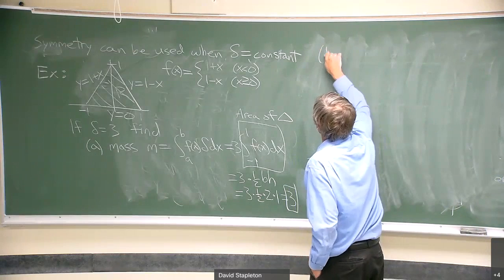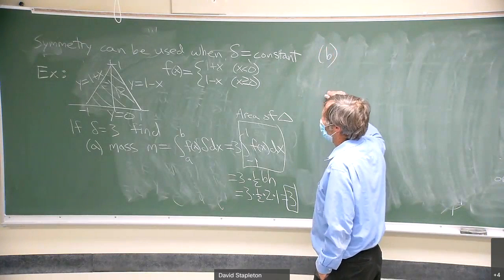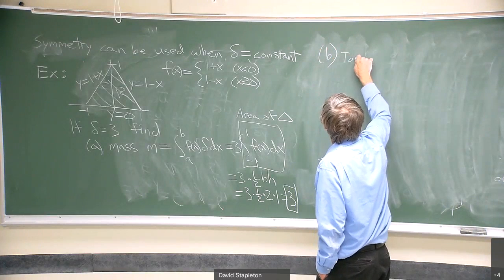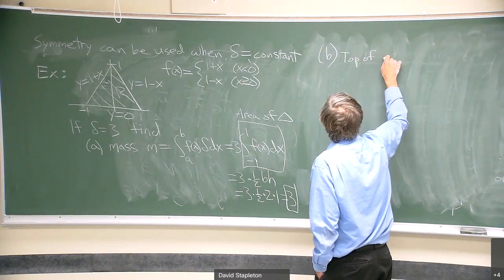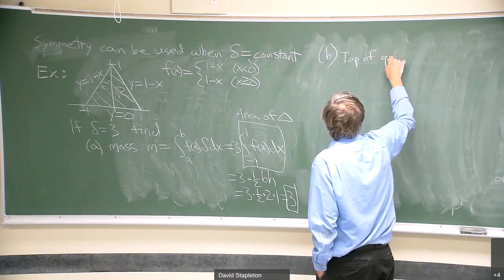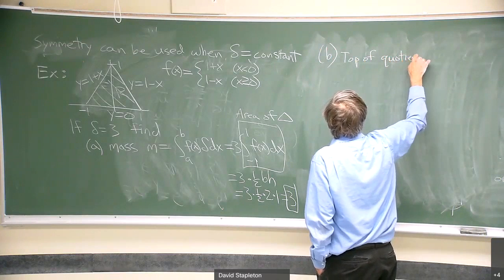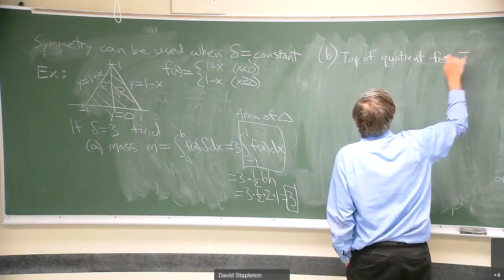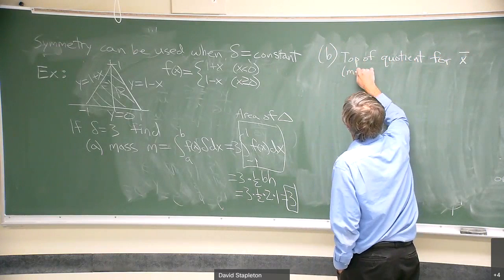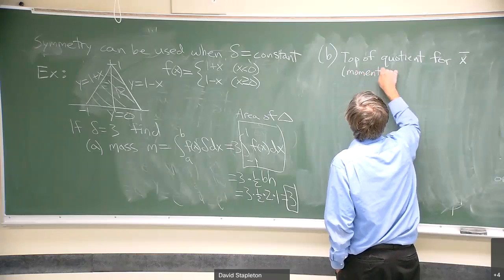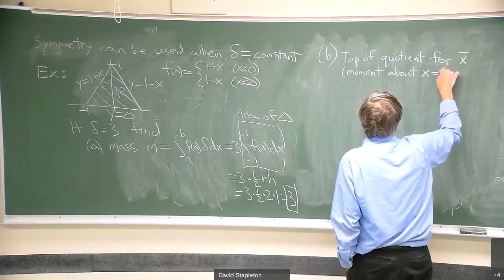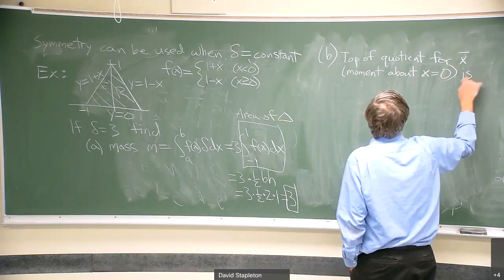How do I compute the numerator? Well, what's the numerator? Top of the quotient for computing x bar, which we also call the moment about x equals 0 of the mass, is what?